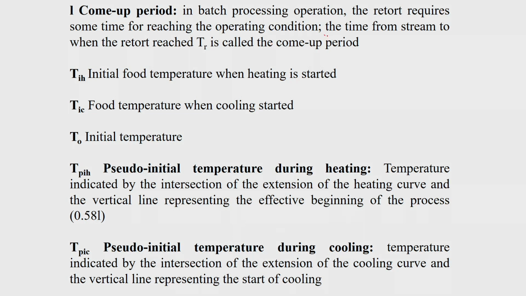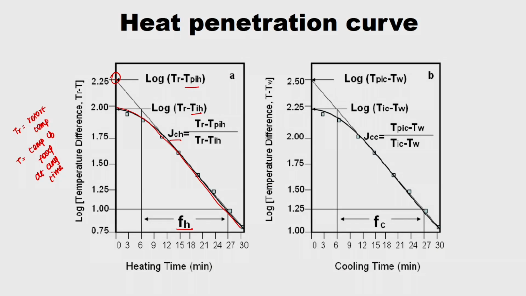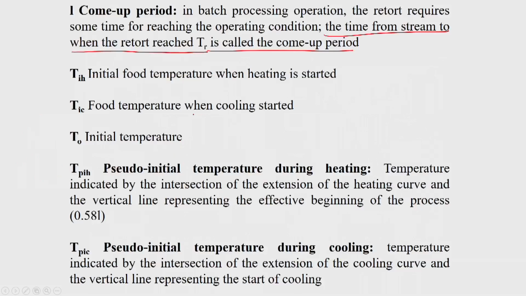So, the time from steam on to when the retort reaches TR is called come up time. This we have already seen. TIH is nothing but the initial food temperature when heating is started. Since we have taken the temperature difference, here it is log of TR minus TIH.